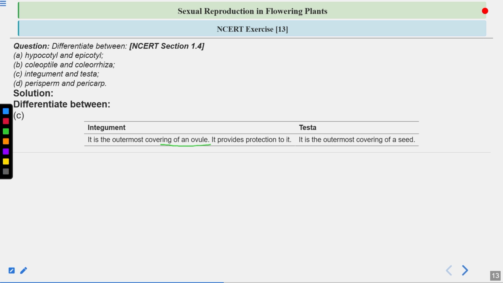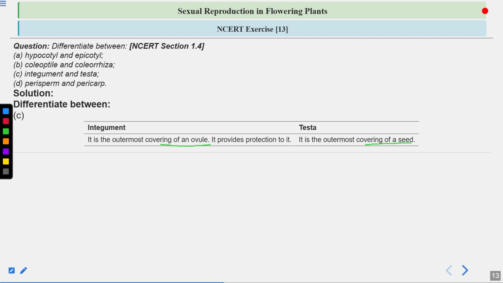Now the testa. What is testa? The testa is the outermost covering of a seed. The ovule is transformed into the seed after the fertilization process.